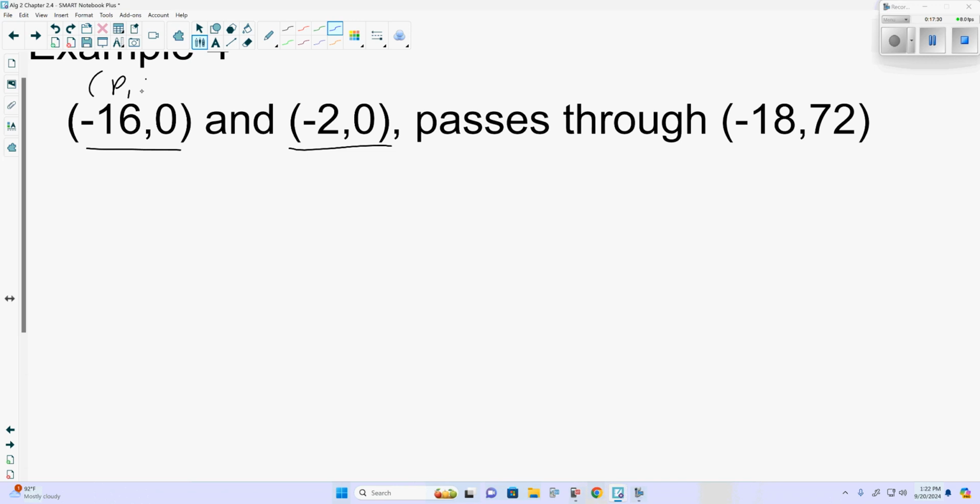We said we could be given the x-intercepts, but like the last one, they just gave us the numbers p and q. Here they gave us the points (p, 0) and (q, 0). So really all it's saying is that p is -16 and q is -2, or p is -2 and q is -16. They just gave it to us as a point.